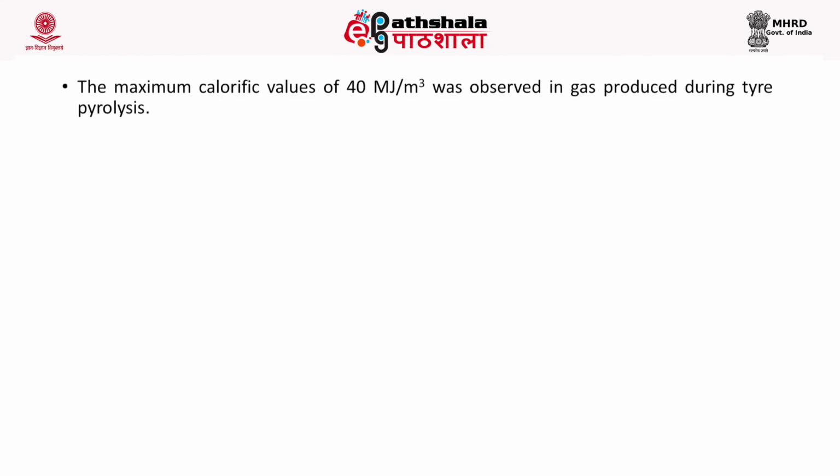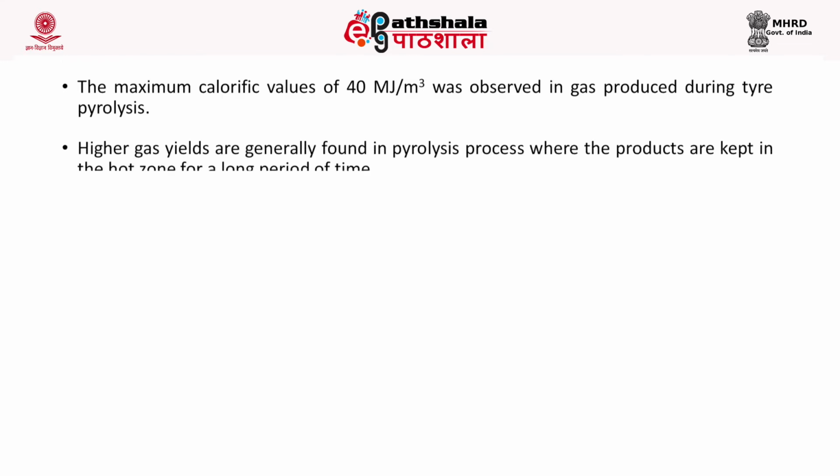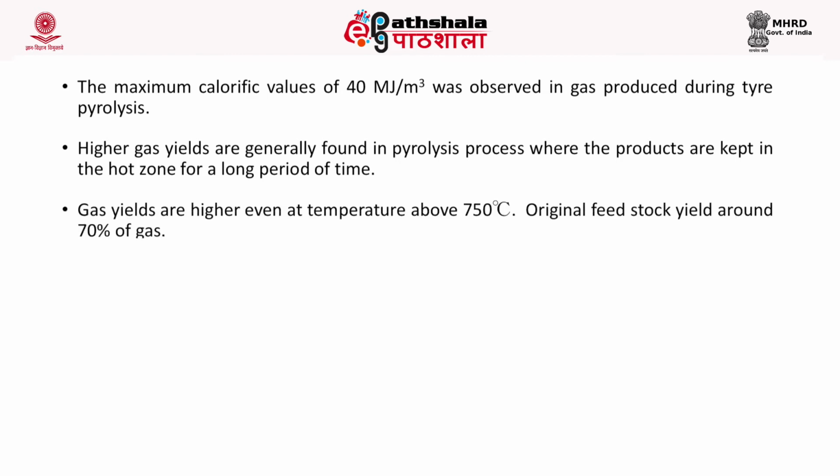So, the maximum calorific value is found during tyre pyrolysis, which results in a calorific value of 40 megajoules per meter cube. Also, higher gas yields are generally produced when they are kept in a hot zone for a long period of time. Generally, the gas yields are much higher at a temperature above 750 degrees Celsius, and the gas generation will be around 70% at this temperature.